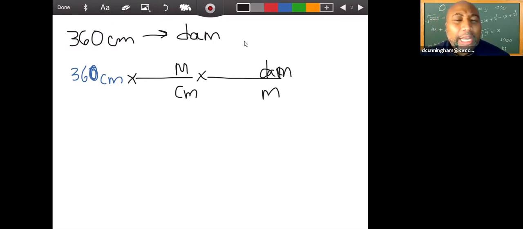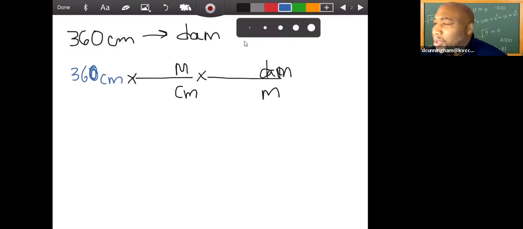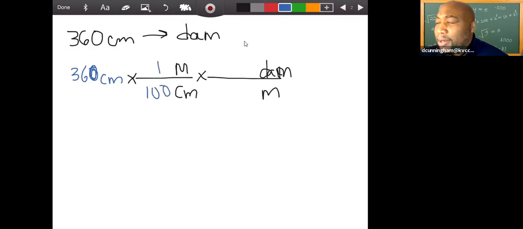So we know our relationship here. We understand that 100 centimeters equals 1 meter. We also know that 10 decameters equals 1 meter. Oops, that's wrong, and I want to make sure we do that correctly.